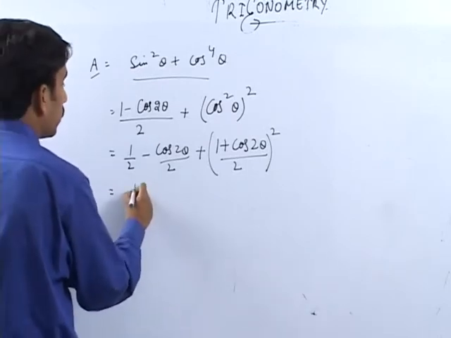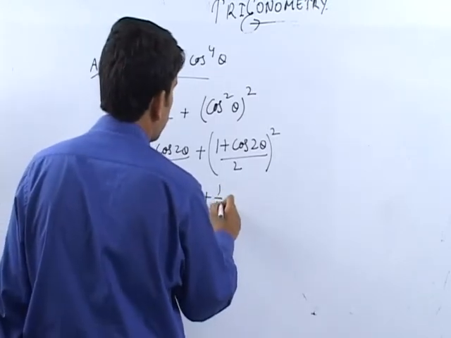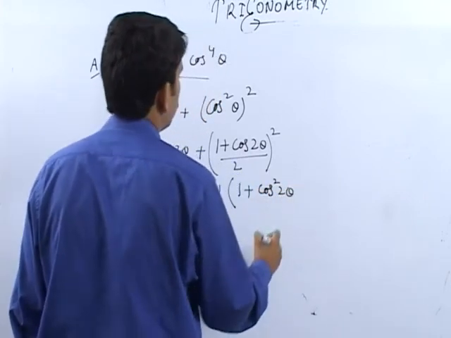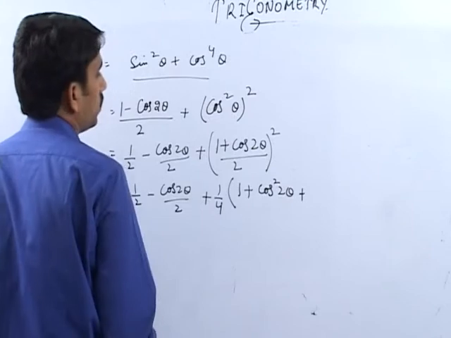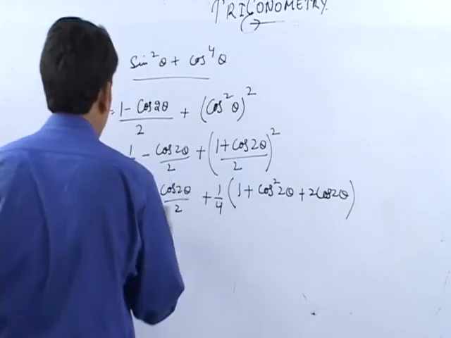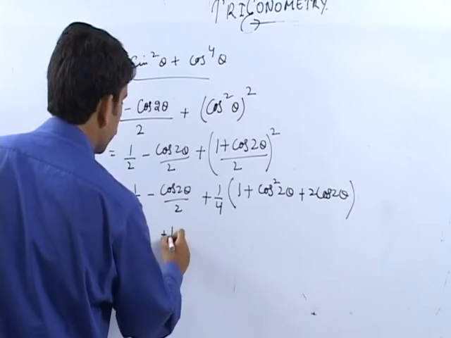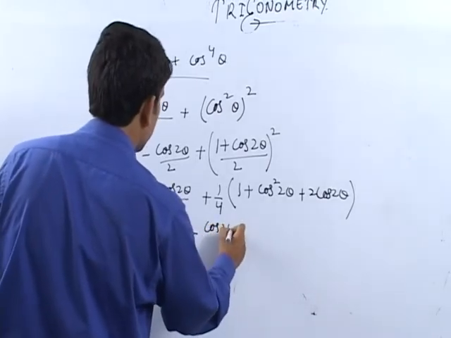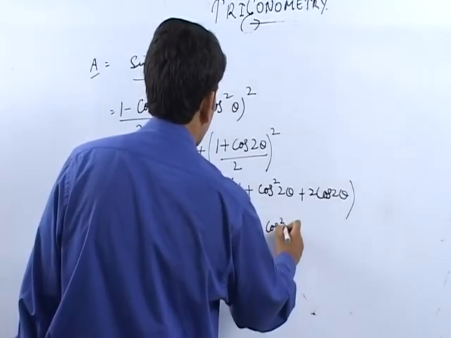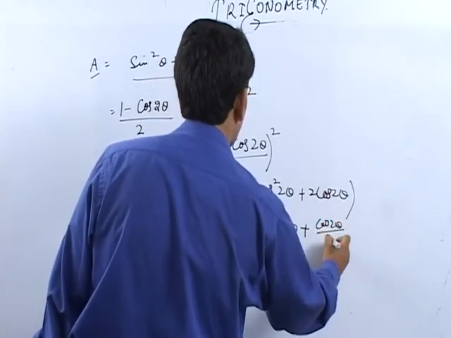Now again this can be written as 1 by 2 minus cos 2 theta by 2 plus, take 1 by 4 outside, you will get 1 plus cos square 2 theta plus 2 cos 2 theta. Now this will be 1 by 2 plus 1 by 4 minus cos 2 theta over 2 plus 1 by 4 cos square 2 theta plus cos 2 theta by 2.